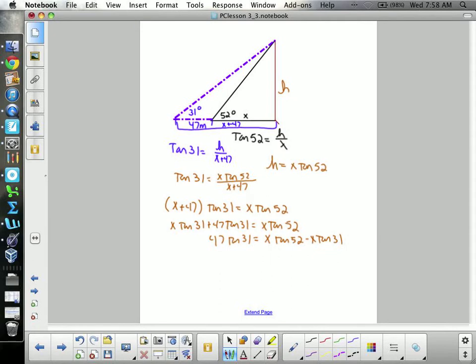And finally, we can factor out the x's. And I get x equals 47 tan 31 over tan 52 minus tan 31. Yay! That's why that's a C-level problem.